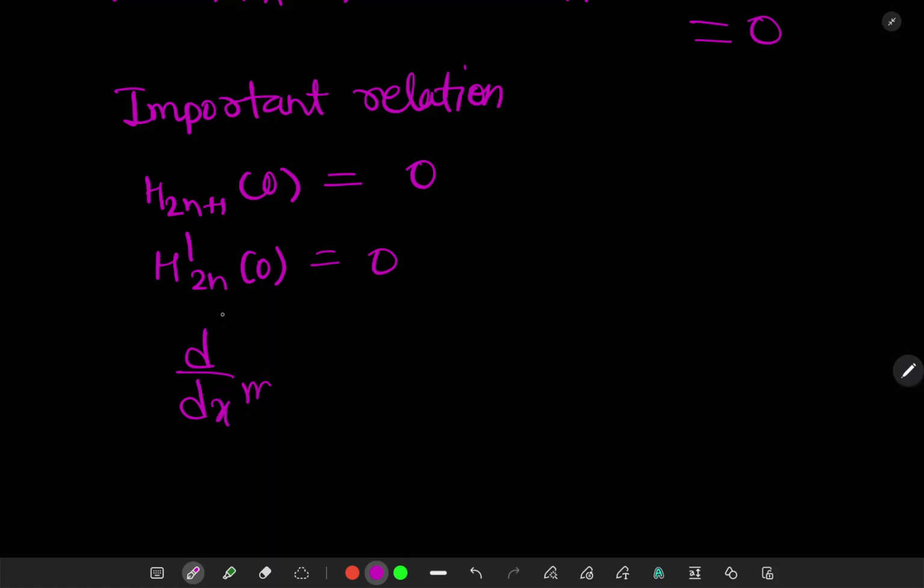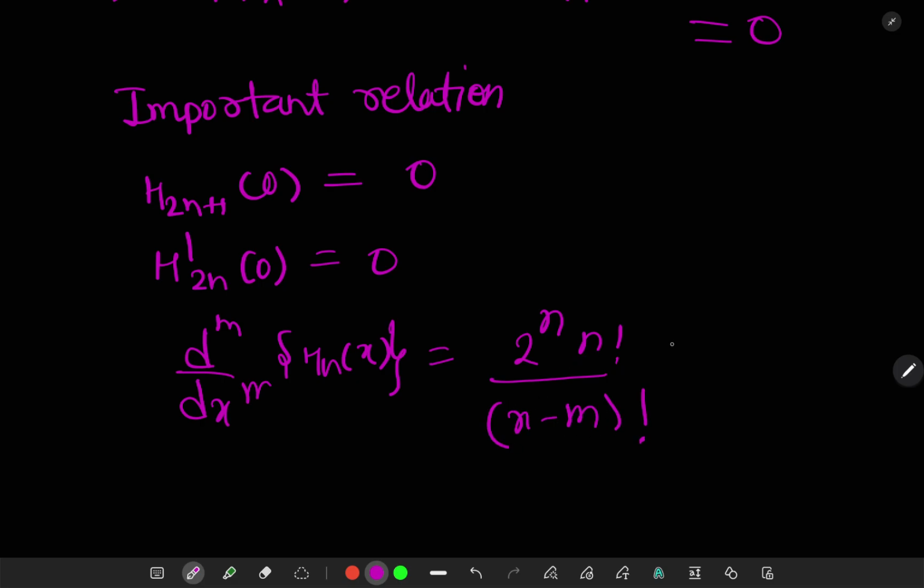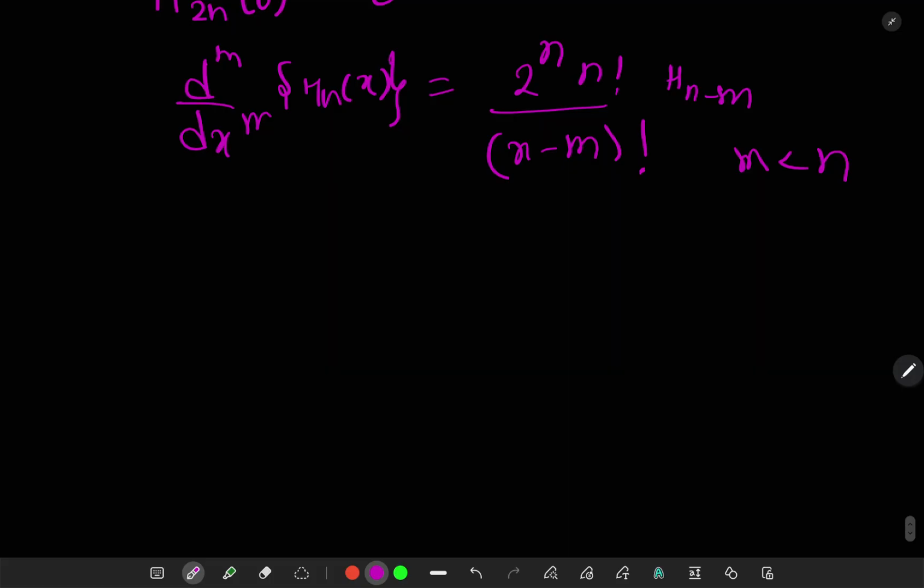The m-th differentiation of Hn x is equal to 2 raised to power m, factorial n divided by factorial n minus m, H n minus m. Here this is only for when n is greater than m.